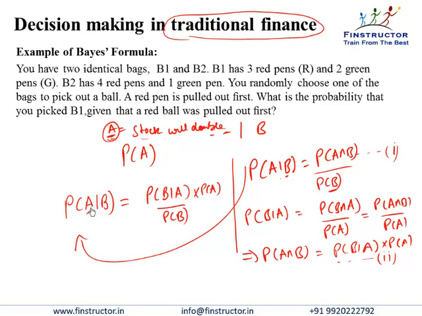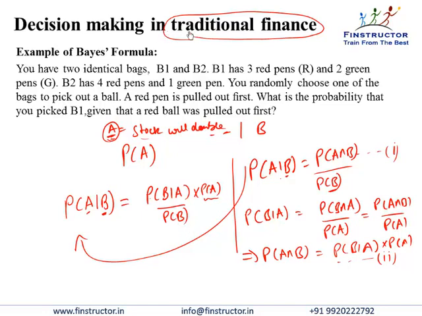Recall the updated probability for an event. What is the update? Event B. The updated probability of an event can be given as the prior probability of the event, the prior unconditional probability of the event, multiplied by the probability of the new information given the event upon the probability of the new information, or the unconditional probability of the new information.